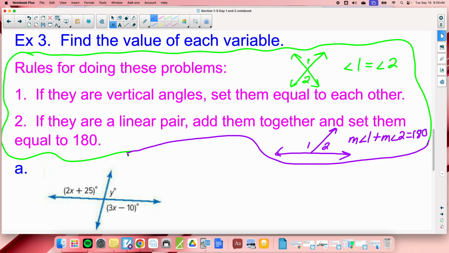Do you guys know this means measure of angle 1 plus measure of angle 2 equals 180, okay?